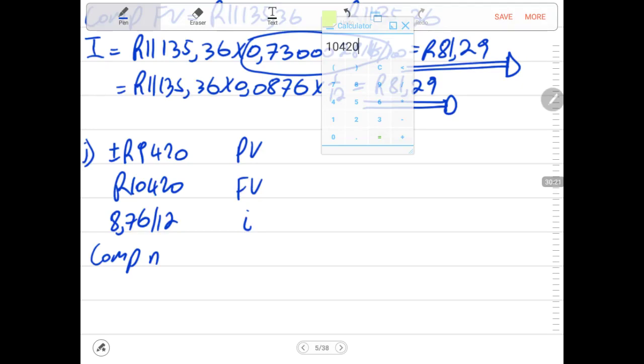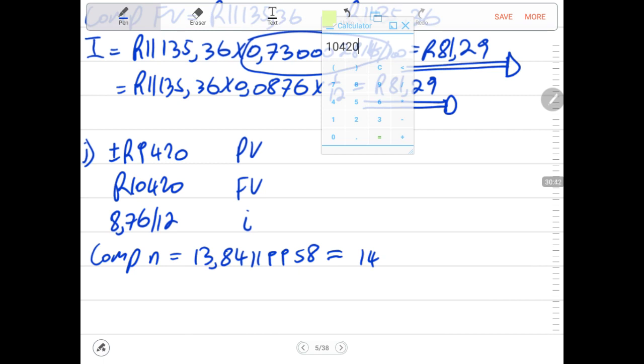Then in the computation of our n, we find out that this will be 13.87119958, which is equivalent to 14 months, meaning n will be 14.